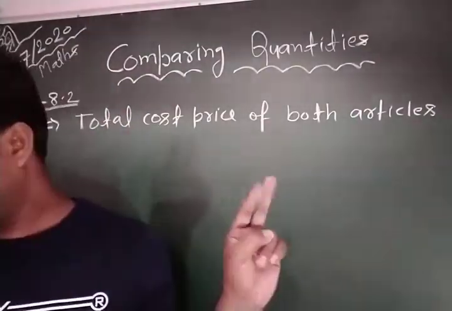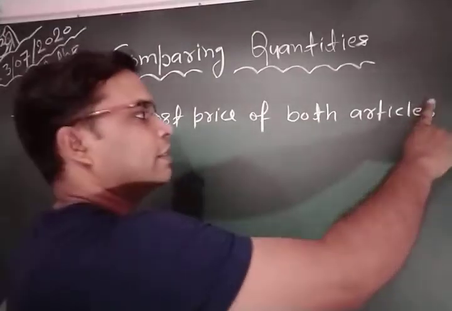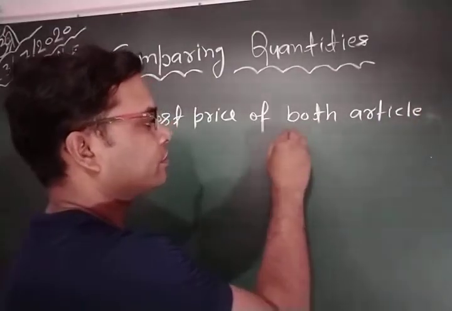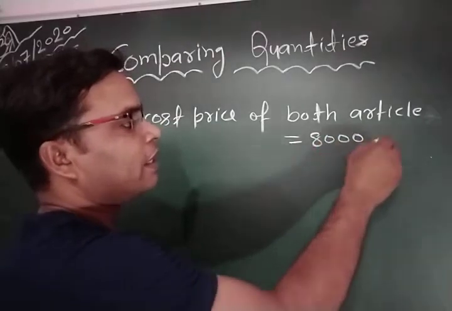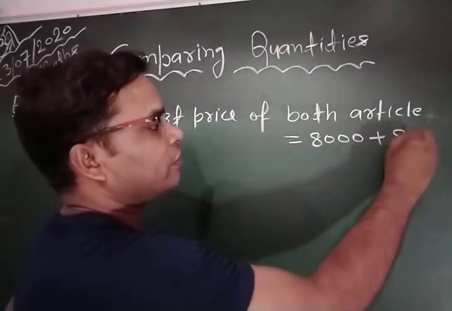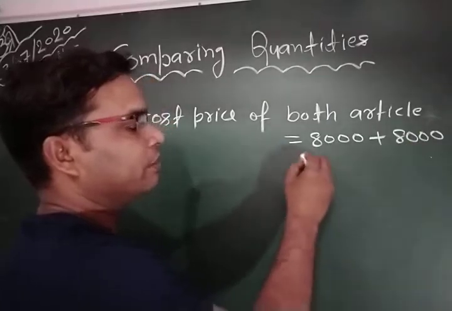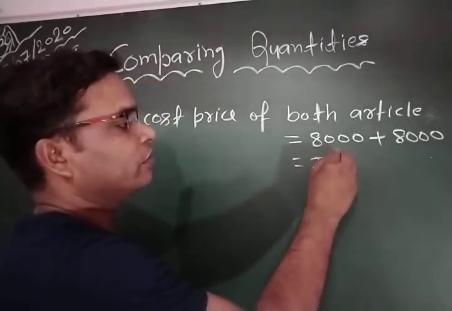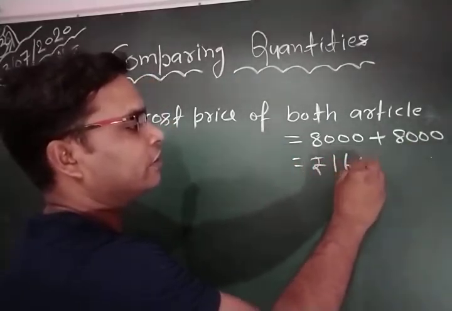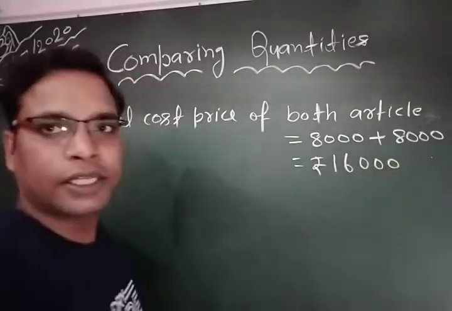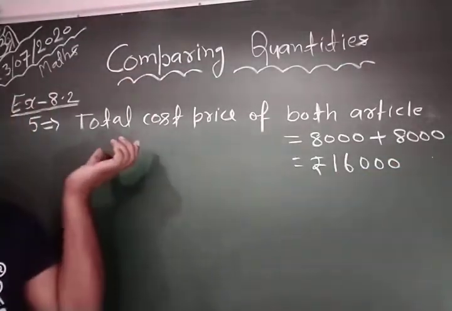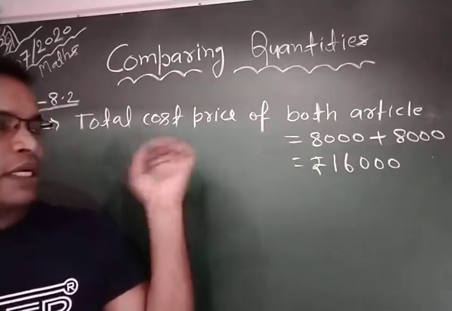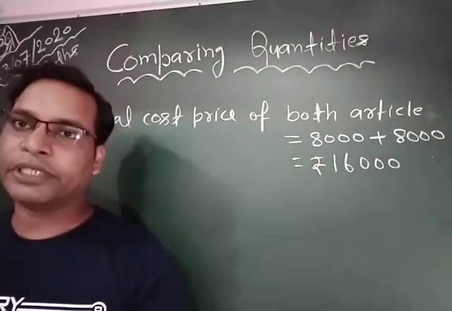This is equal to 8,000 rupees, the cost of the TV, plus 8,000 rupees, the cost of the VCR. So this is equal to 16,000 rupees, the total cost price for the TV and the VCR.